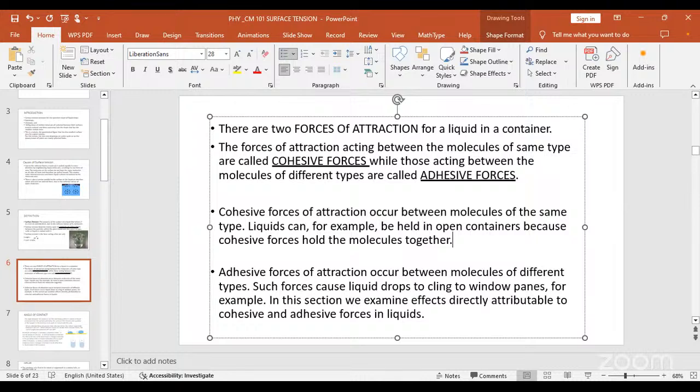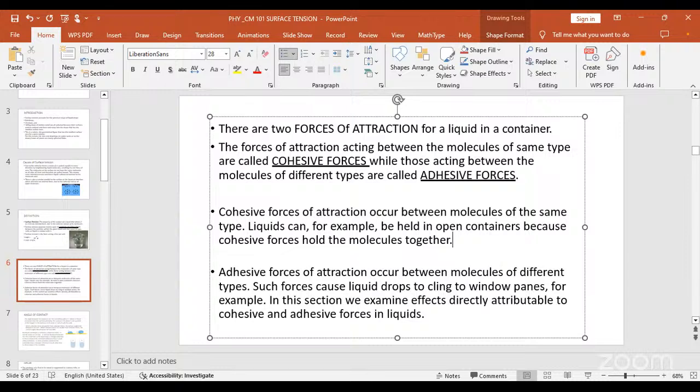Take for instance, I just mentioned liquid drops that cling to window panels. You can have that in circular form clinging to a window panel. So what I am trying to point out here is that the water drop will have two forces occurring concurrently.